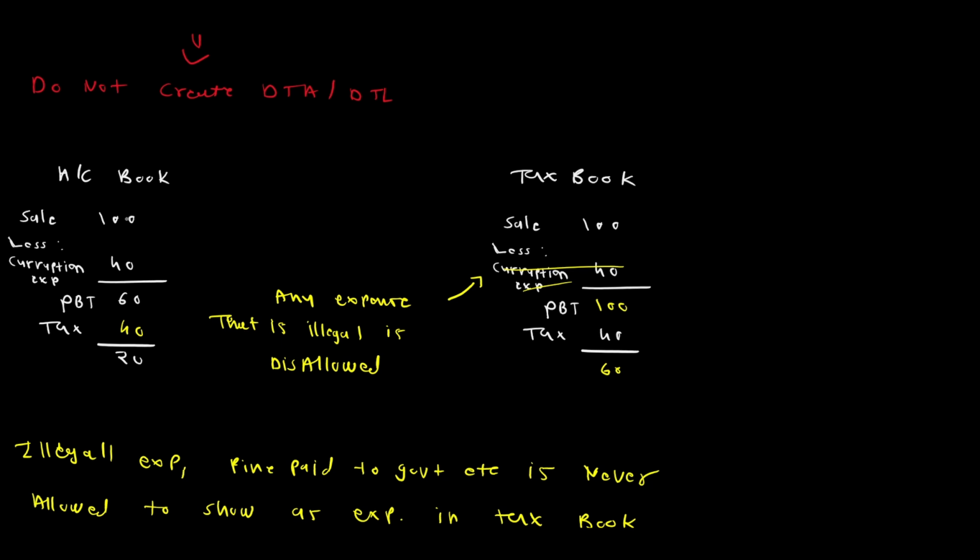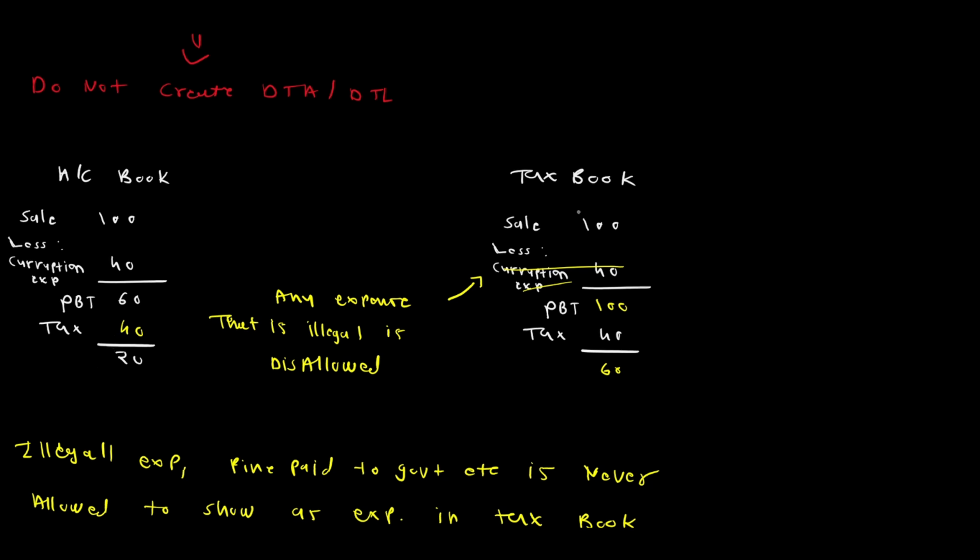He or she has sales of 100, and they need to pay corruption to get that work done. That is their expense. You can't show corruption expense directly, but in some sort of good language, he shows the corruption expense as 40. PBT is 60, tax is 40, and 20 will be my net profit.